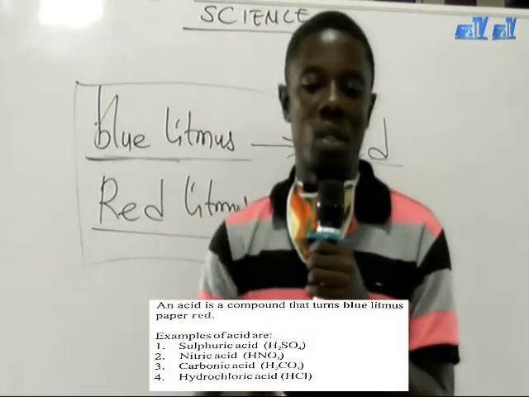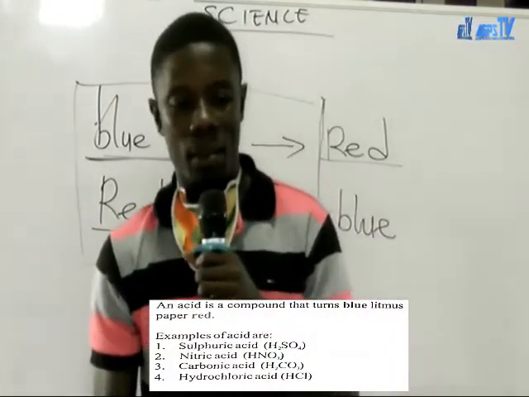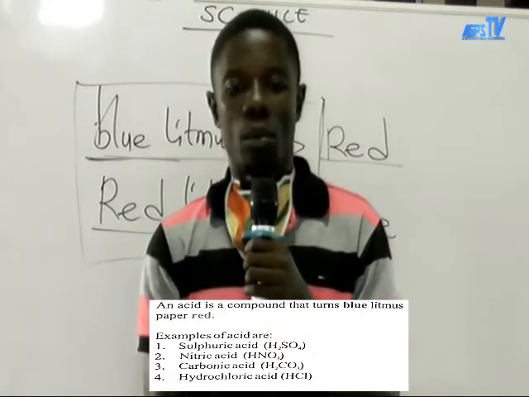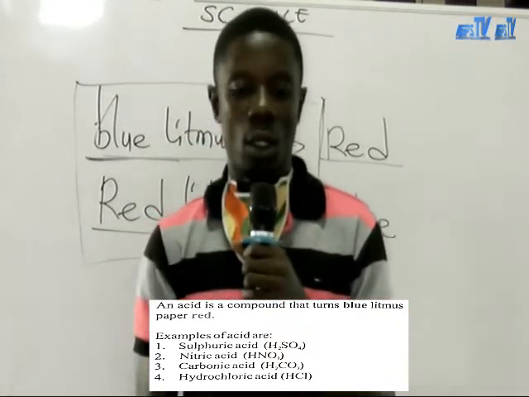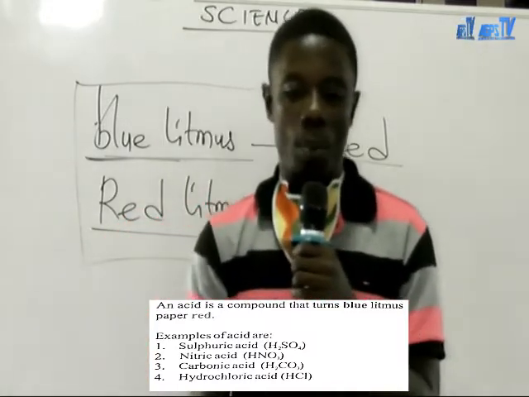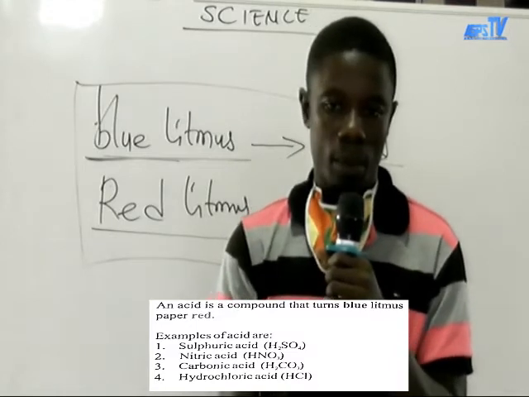And if you dip red litmus paper in a certain solution and it remains the same color, it means that solution is acidic. So take note of that. An acid is a compound that turns blue litmus paper red.